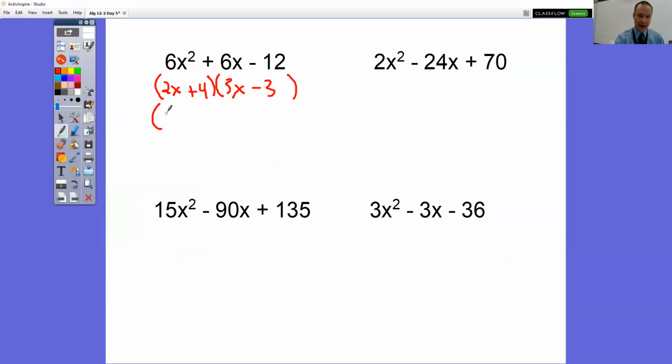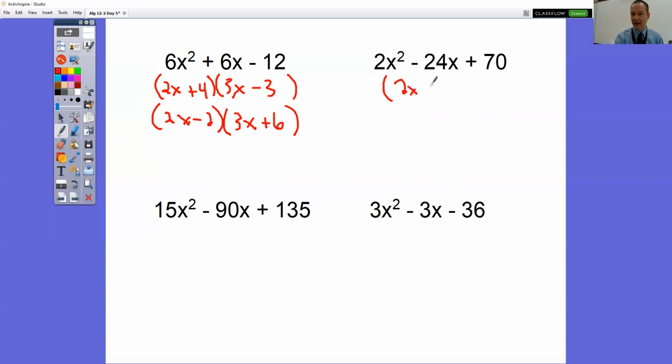But another answer that you could have would also be 2x -2 and 3x +6. Your outers would be a -6 here. Your inners would be a +12. So that ends up being a +6. Your outers here would be a +12. Your inners would be a -6. That ends up being a +6 also. So sometimes there are more than one answer.